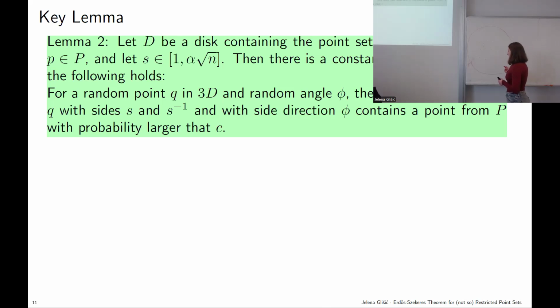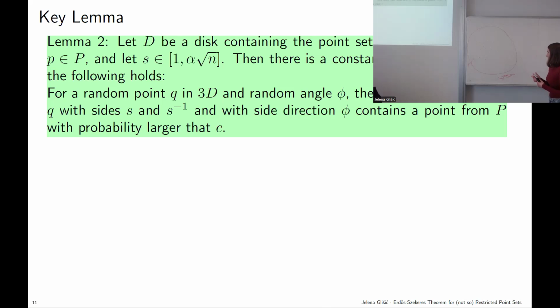And I want to take a random rectangle. All my rectangles will look like this, where this side will have length s, and this one will be 1 over s. And they will be centered at some point, and they will form some angle with the x-axis. So this direction forms some angle phi with my x-axis.